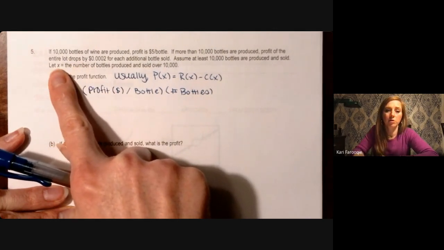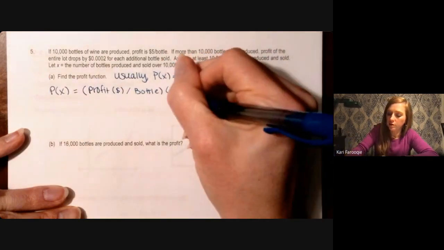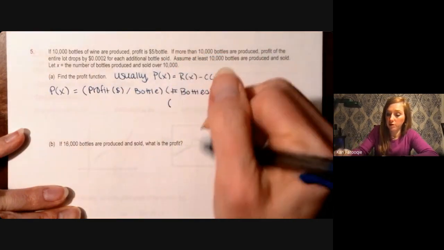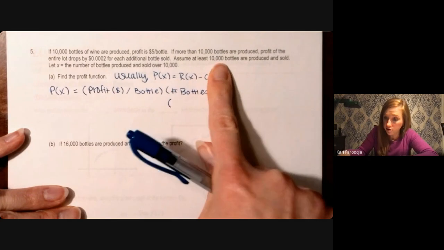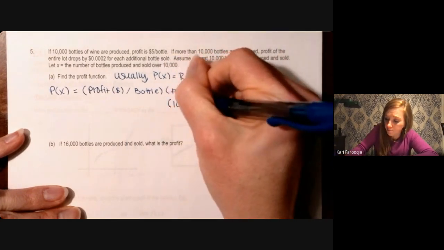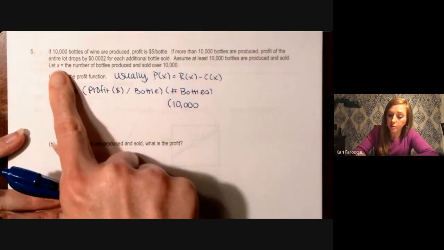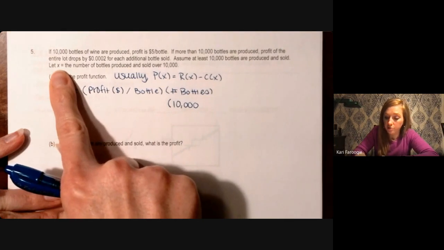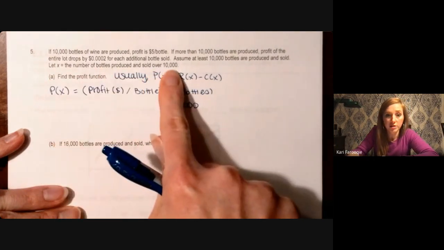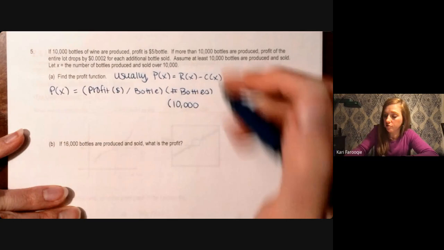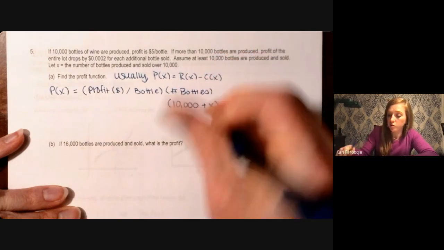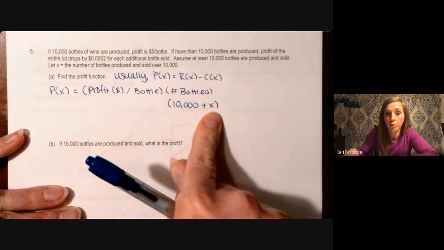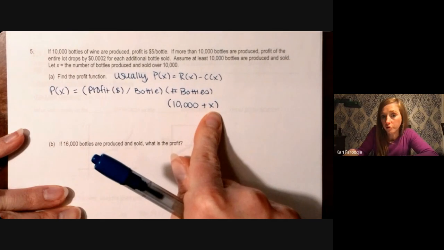That's going to give you the number of bottles that you're making total. So we can talk about number of bottles by saying, okay, we know we're making at least 10,000 of them, and then we're adding X more of them. So we're producing and selling over 10,000, this amount X. So this will represent the total number of bottles produced and sold.